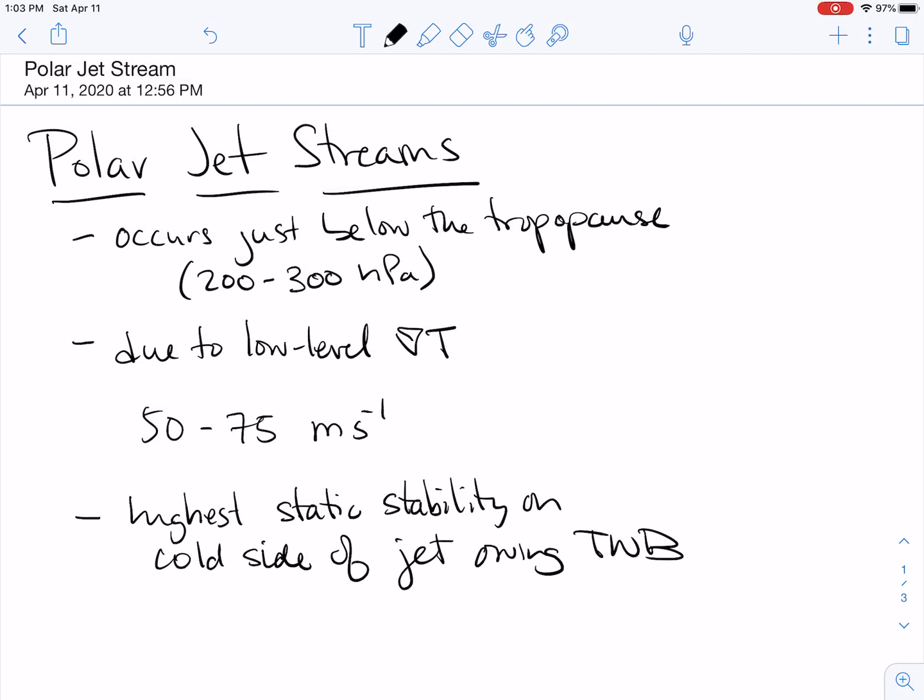And so in the northern hemisphere, this is to the north. And of course, that is where we are going to have a lower troposphere. And so most of our classic mid-latitude cyclones are going to be associated with very strong polar jet streams.